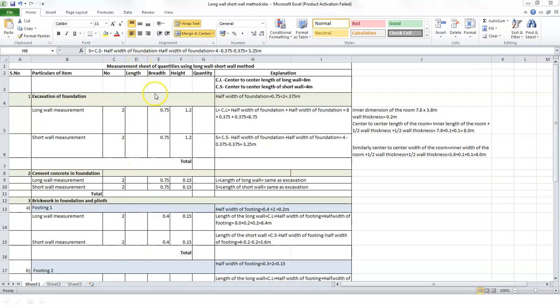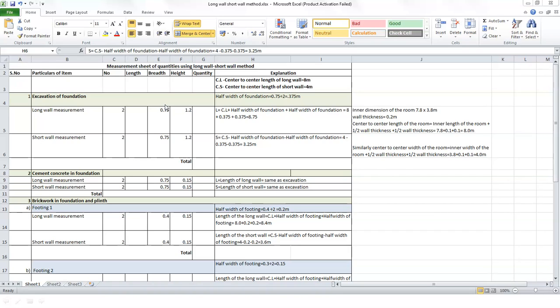The length column is the length of the item. I have left it blank so that we can write it as we do our exercise. The breadth is the breadth of the item, mostly referred to as the width of the item.